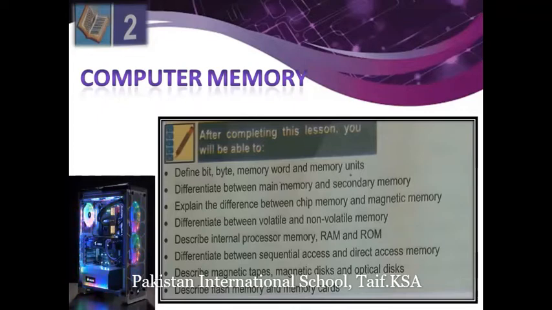Then we will describe the internal processor memory, RAM and ROM. Then differentiate between sequential access and direct access memory. Second last is describe magnetic tapes, magnetic disk, and optical disk. In the last, we will describe flash memory and memory cards.